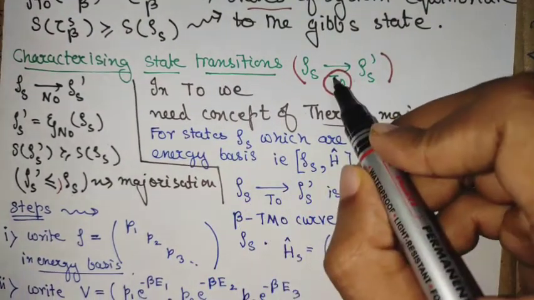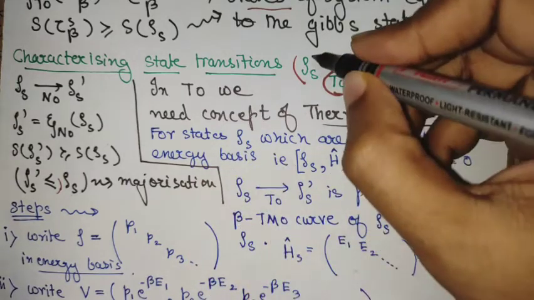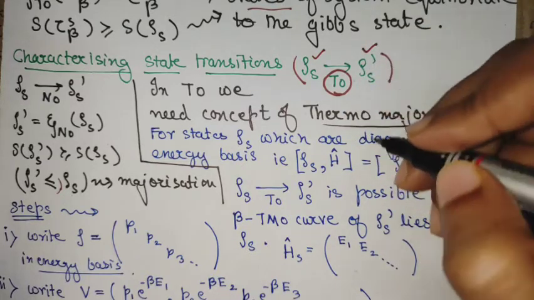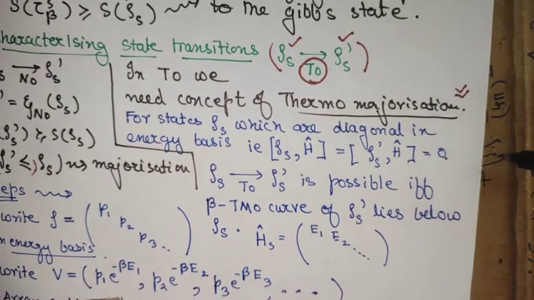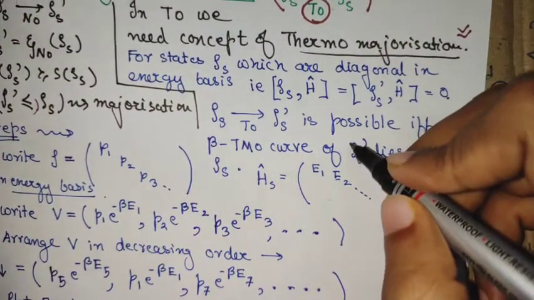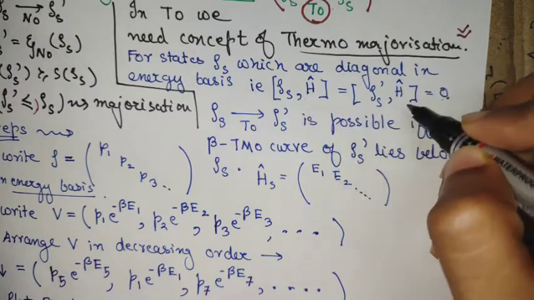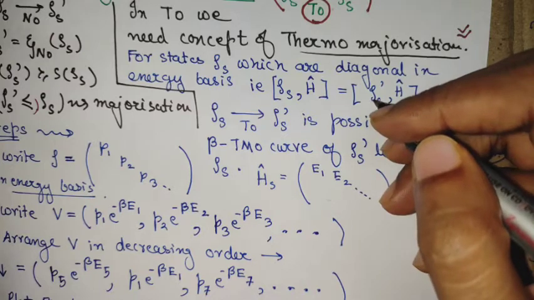Now for thermal operations, we say that if you take two states, your initial state and final state, and they are both diagonalizable in the energy basis, in other words they commute with the Hamiltonian, then such a transformation is possible if the beta thermomajorization curve of the final state lies below that of the initial state. There are theorems that discuss what happens if they don't commute. We need something called a dephasing operation, but we will not go into detail.